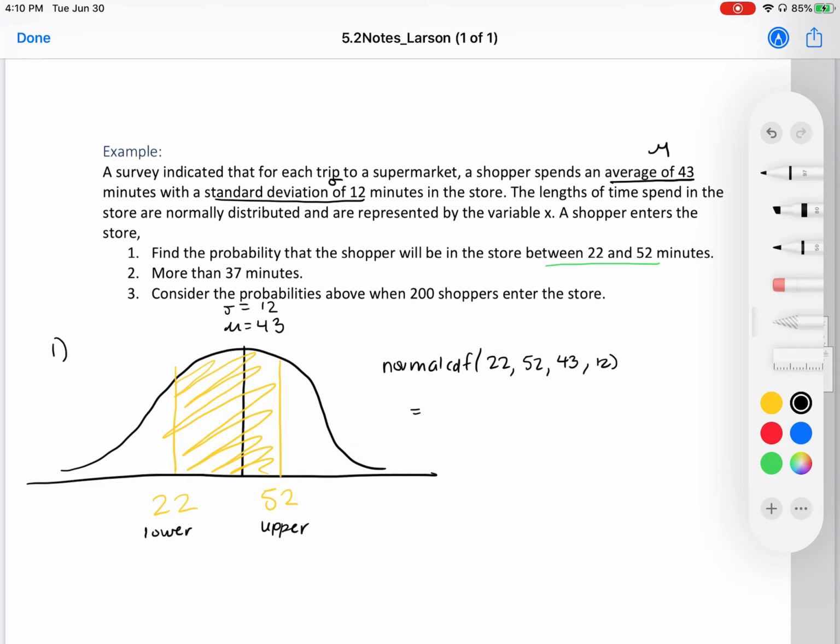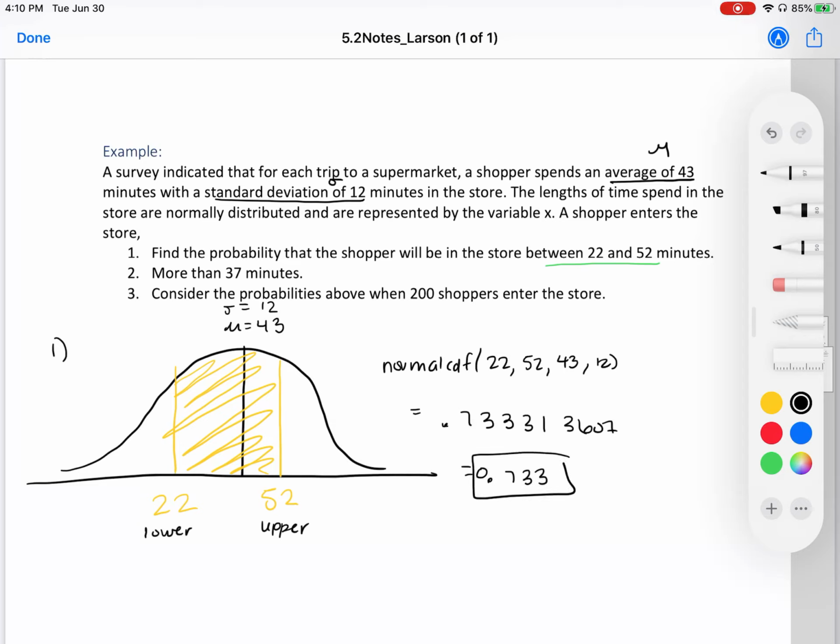And our answer is 0.7333133607. So our answer would be 0.733. That's 1.